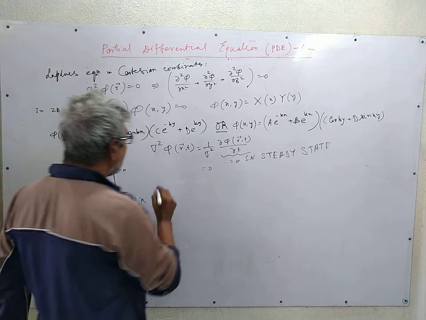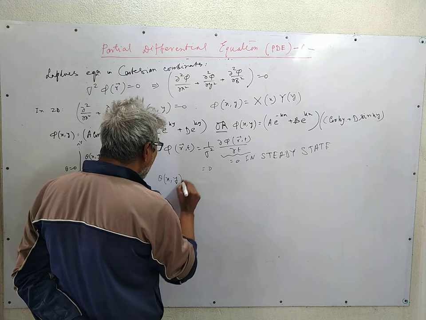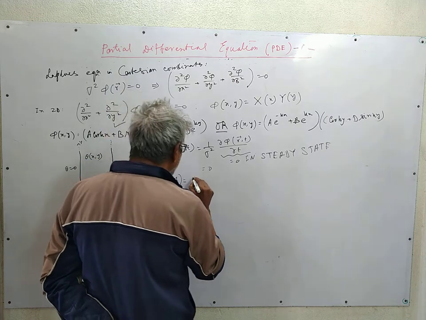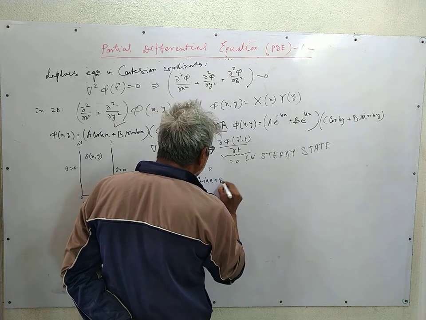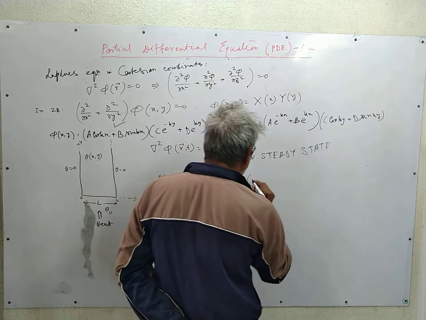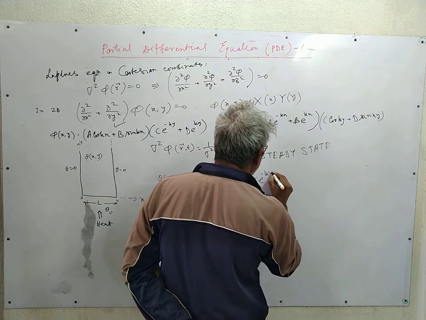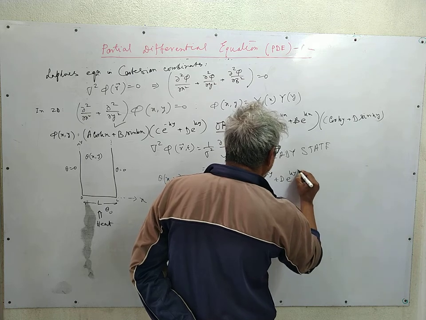So the solution for theta of x, y is equal to (a cos kx plus b sin kx) times (c e to the power minus ky plus d e to the power ky).